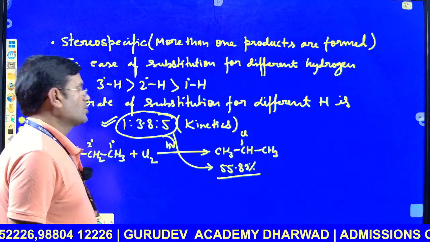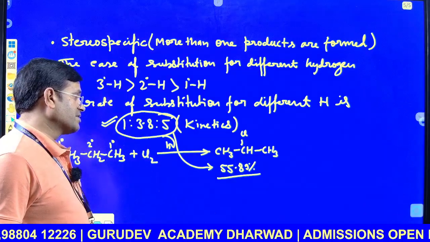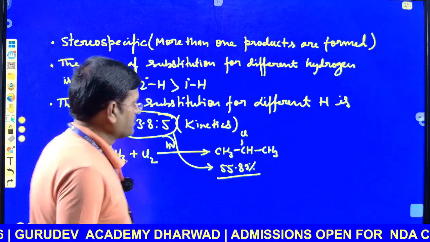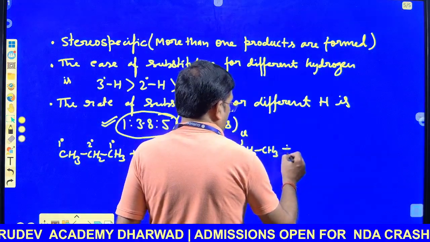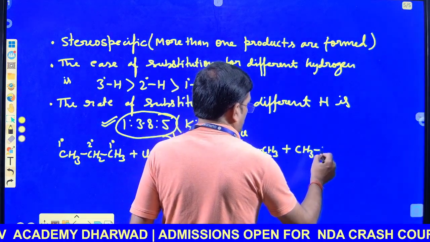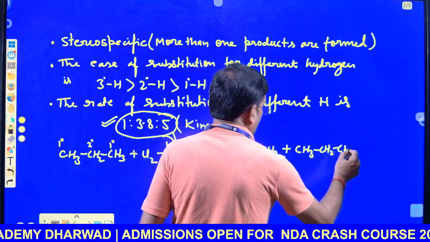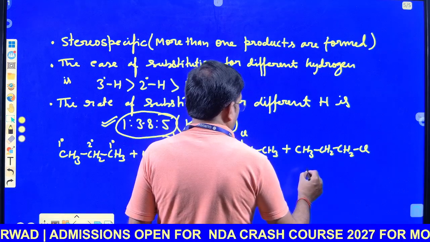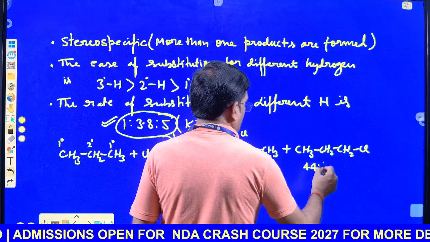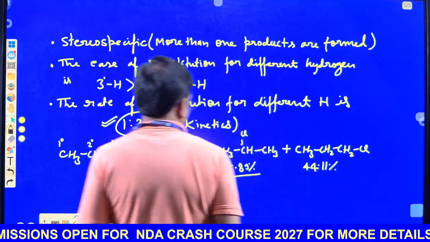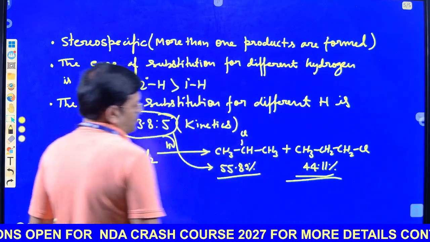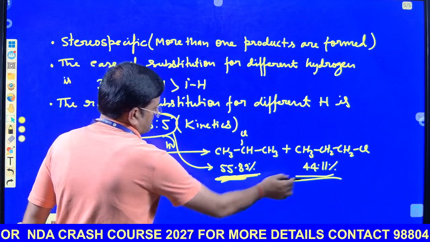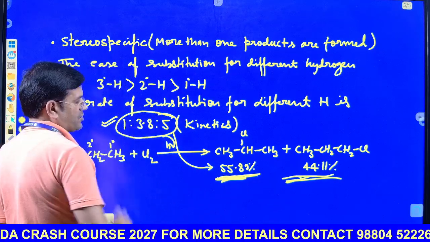So 2 chloropropane is the major one and is coming out to be 55.89%, and another isomer on account of 1 degree hydrogen is 1 chloropropane, and that is coming out to be 44.11%. To calculate this percentage, this data is very much useful.